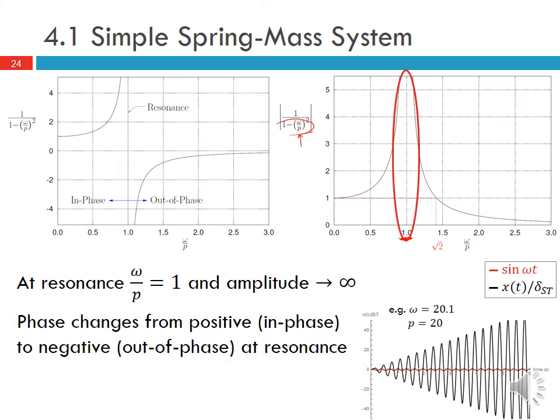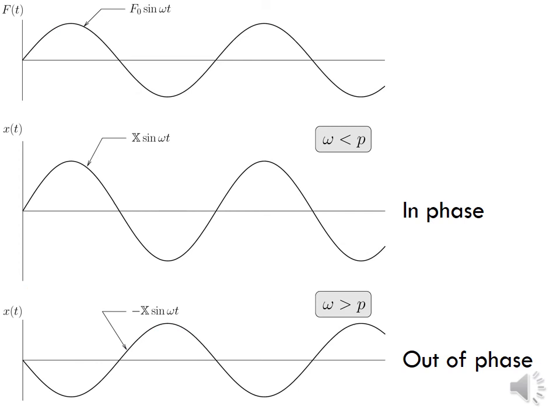The other thing that happens at resonance is that the phase changes from in phase to out of phase. So if we look at this graph here, up to here, where omega over p is equal to 1, it's in phase, and then beyond that, it is out of phase. Let's look at a little more detail of what that means.